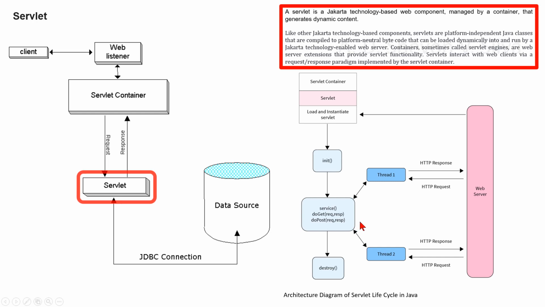Protected void doGet(HttpServletRequest, HttpServletResponse) is called by the server via the service method to allow the servlet to handle the get request.